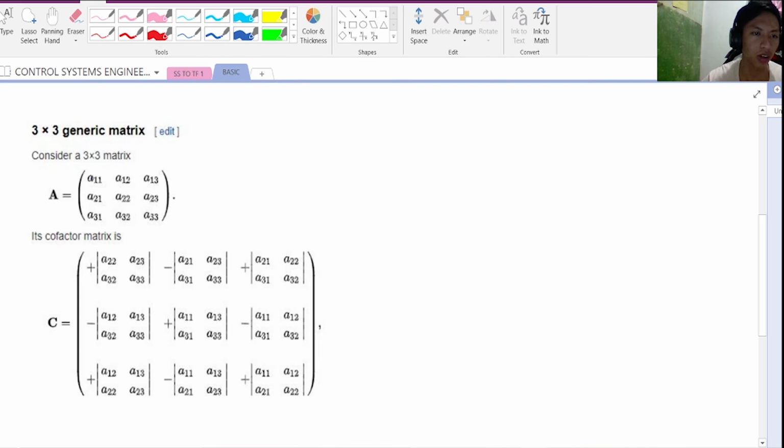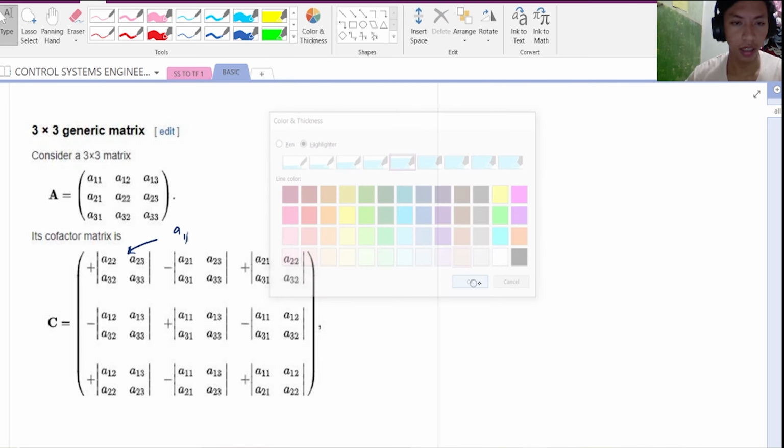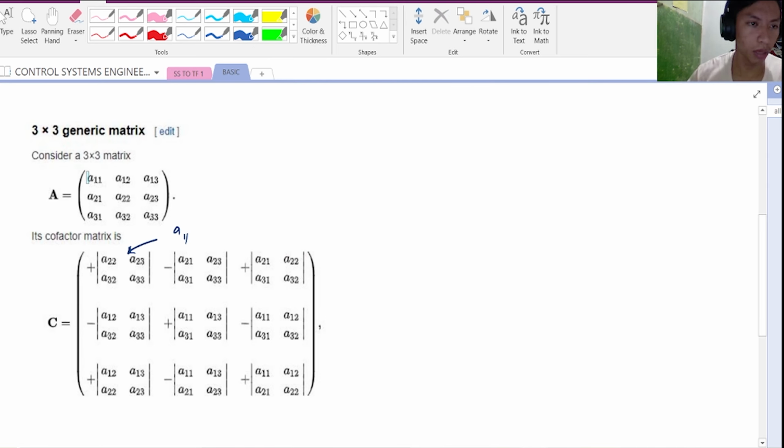find the cofactor of A11. Basically, this is the A11 cofactor. What we're going to do here is cover this one, so the highlighted would be ignored.